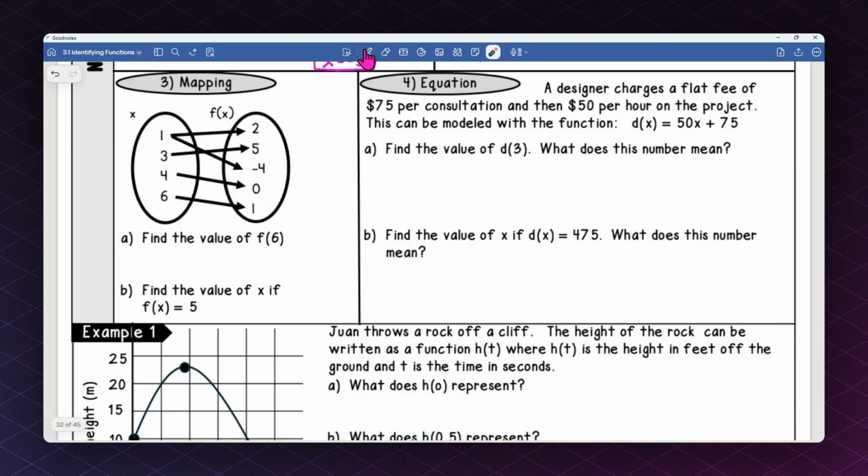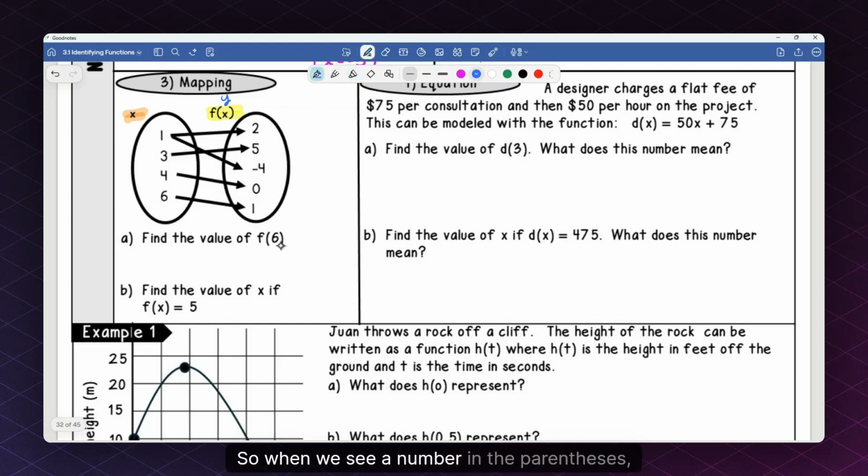Well, if y is replaced by f of x, we can color code it this way. This is my f of x side, and this is my x side. When we see a number in the parentheses, that is an x value.